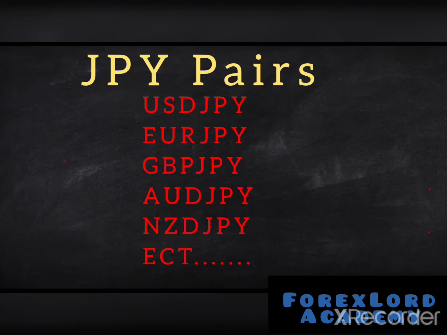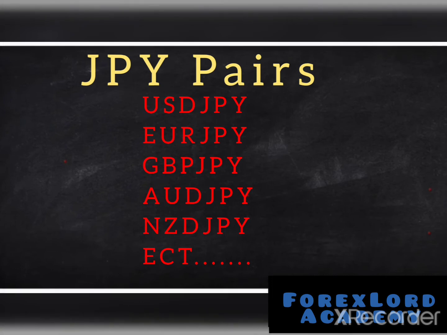You can see USD JPY, Euro JPY, GBP JPY, AUD JPY, NZD JPY, etc. There are lots of them. So these are pairs of JPY. Now let's treat JPY pairs, and once we're done, we'll go to the last exception, which is gold pairs.